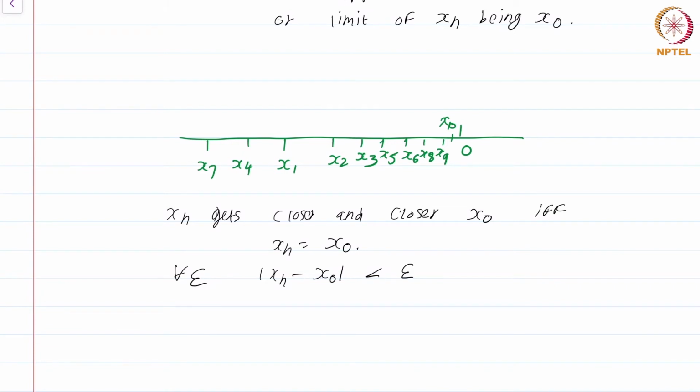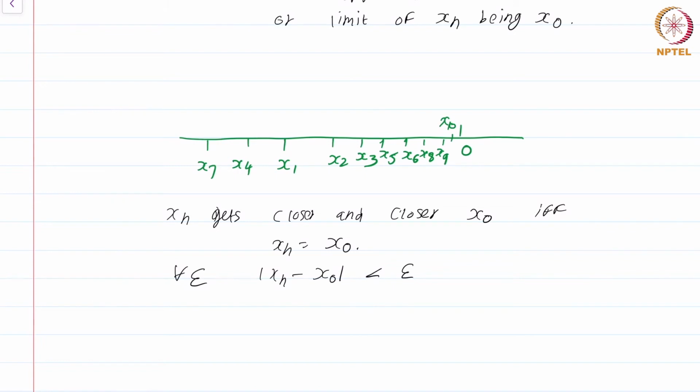Okay? So what this is essentially saying is that you provide the ruler or the least count or the closeness or the level of approximation that you desire, then I am able to provide for you a value of n such that beyond that n, all the terms in the sequence satisfy that level of closeness or that level of approximation.